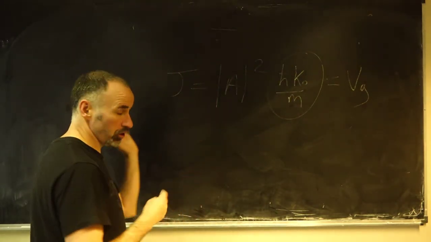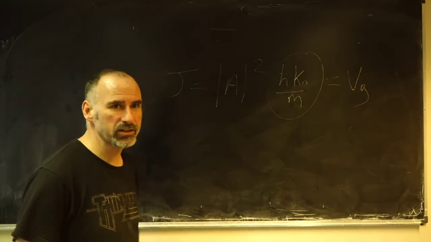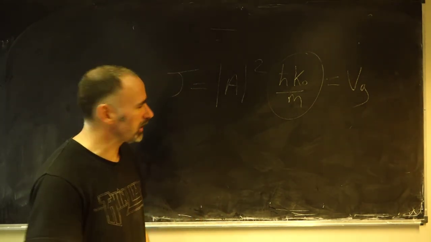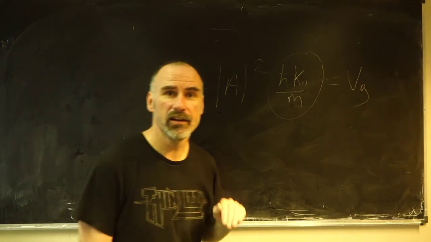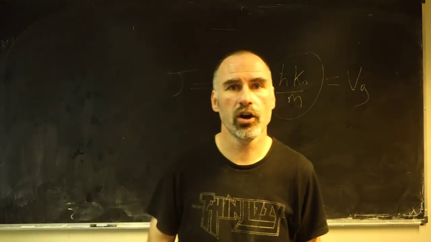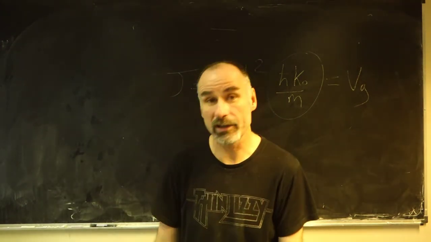And then if we wanted to know the current, if we've got a flow of these wave packets and they're each carrying a charge, thinking about electrons, then we just multiply this through by e, and that gives us our electric current.